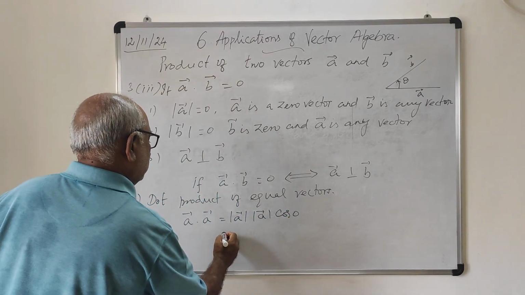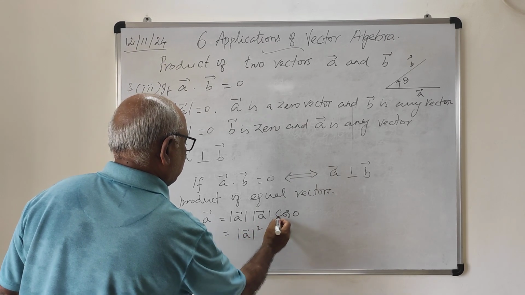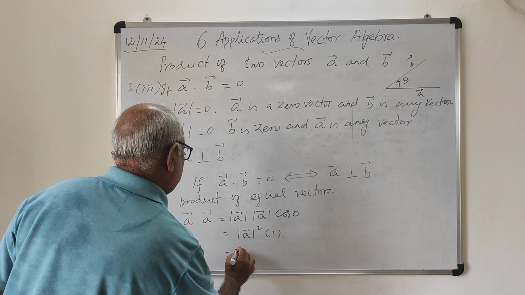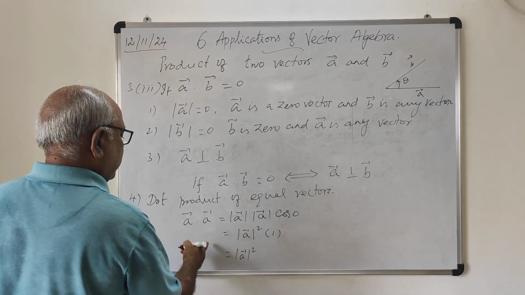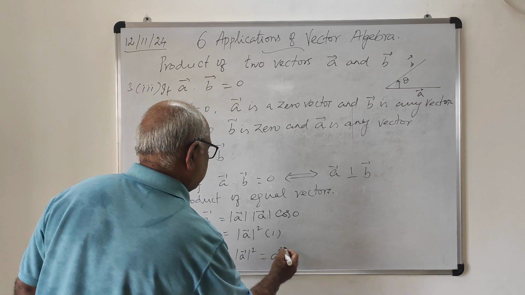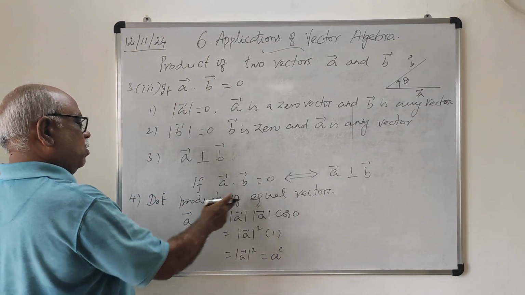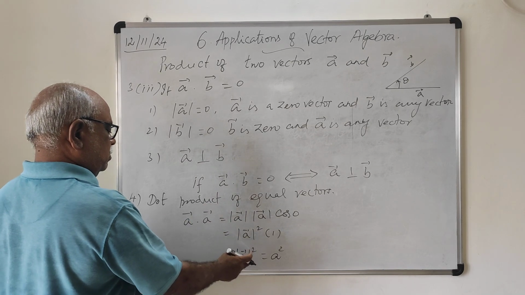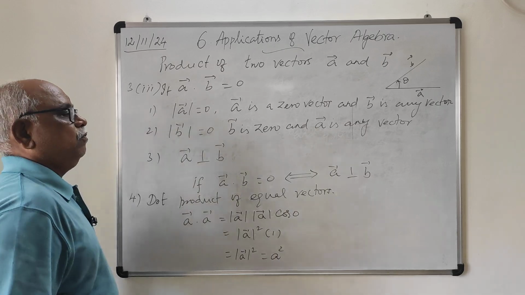So mod A into mod A is mod A square, into cos 0, which is 1. Therefore, A dot A is equal to mod A square, which is simply expressed as A square. This is another idea of equal vectors.